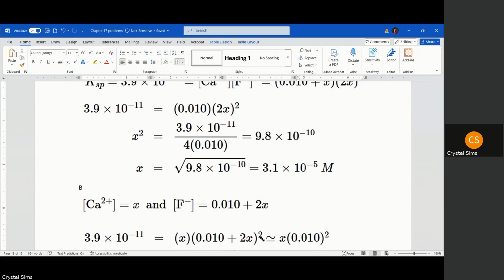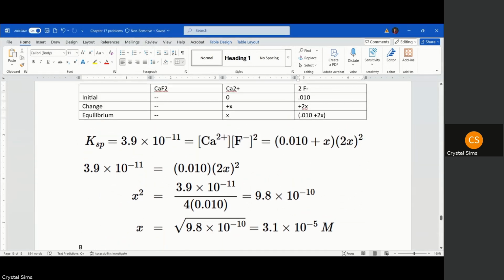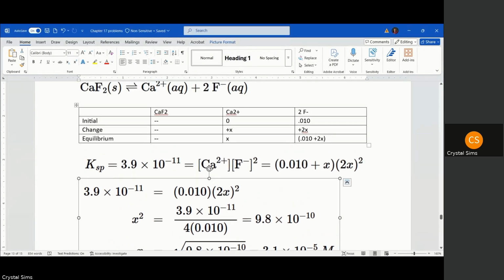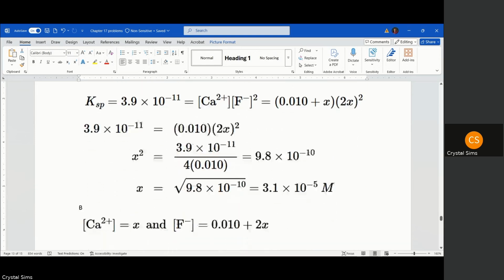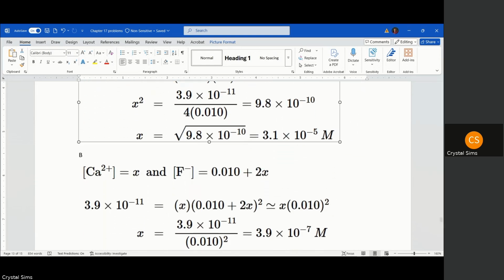So we're just going to square the 0.010 this time. So just like we did up here, and getting rid of the X, we do the same thing here, even though it's 2X. We're still going to get rid of it, but don't forget, we do still have to square it.